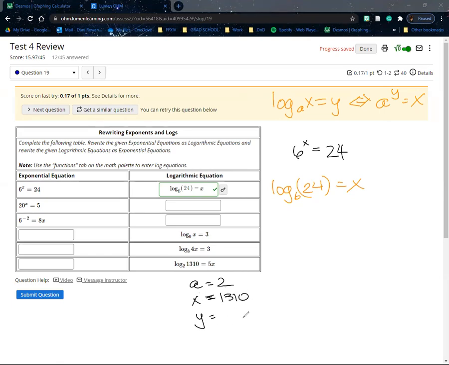And what's our y? 5x. So it's 2 to the 5x equals 13.10.